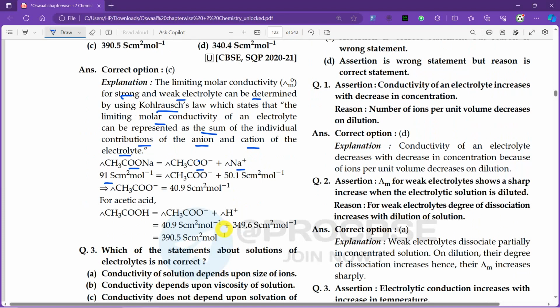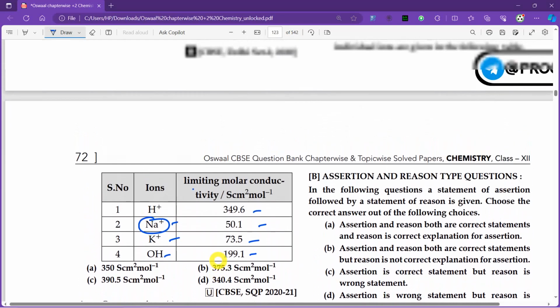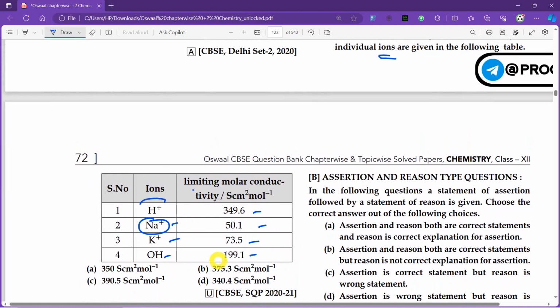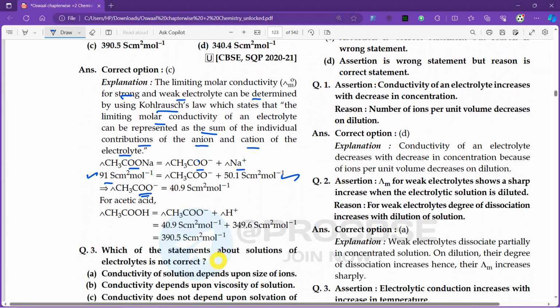So we know the conductivity of sodium acetate and of the sodium ion. From this, we can calculate the conductivity of the acetate ion. And then they have given the value of conductivity of the H plus ion. So by adding the conductivity of the acetate ion and the H plus ion, we can calculate the conductivity of acetic acid.